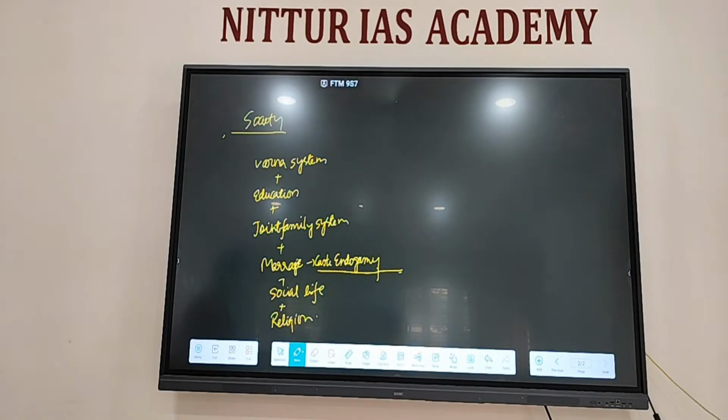The social life of the people included dancing, dice game, and entertainment through poetry, drama and music.